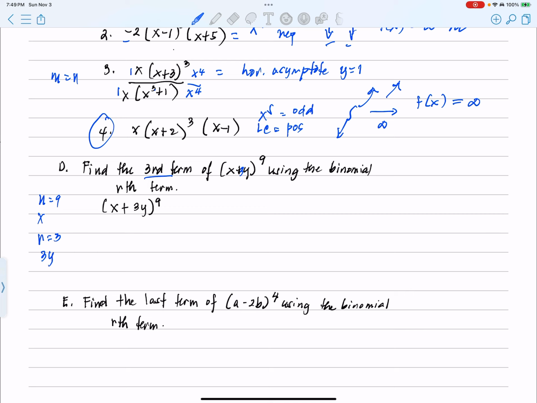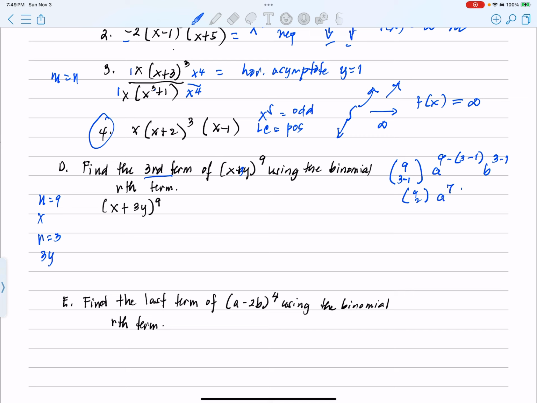Okay, looking at the table, if I have the formula, I have 9 choose 3 minus 1. So it would be a to the 9 minus 3 minus 1, and b to the 3 minus 1. So what would that be? 9 choose 2. Right? So the a there is 9 minus 2, that is 7, b to the second power.